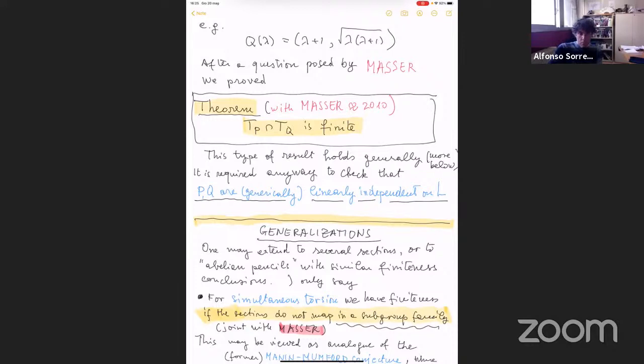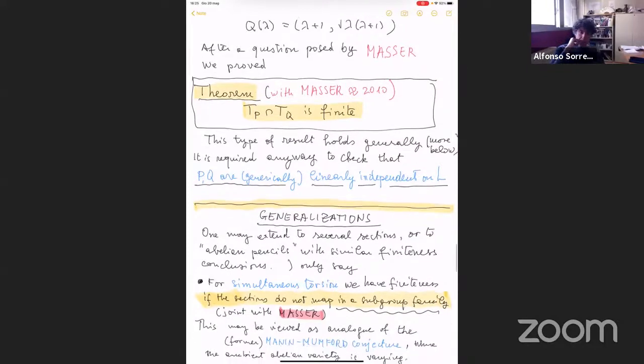If the sections are linearly dependent with respect to the group law, then being torsion for the first one implies torsion for the second one and conversely. So taking the intersection gives nothing, it does not restrict. So when the sections are dependent, the intersection is still infinite, but if they are independent, then it is finite.